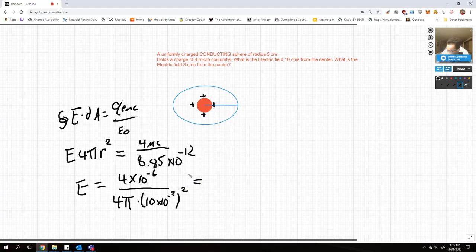If I just type this in a calculator. 4 times 10 to the negative 6 divided by 4 pi times r squared, 10 to the negative 2 squared.